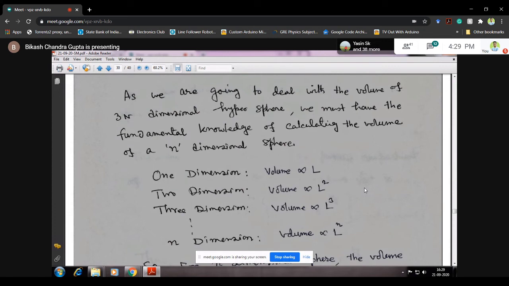It's a generalized volume. In 1D, the dimension is L, then what is the generalized volume? How does it go with L? It will be L. If it is two-dimensional, of dimension L on both sides, then how will the generalized volume go with L?